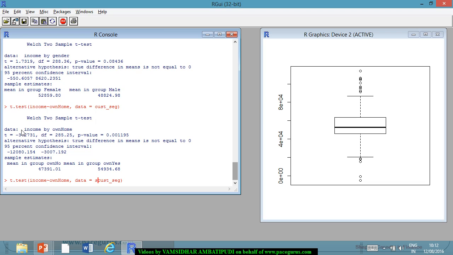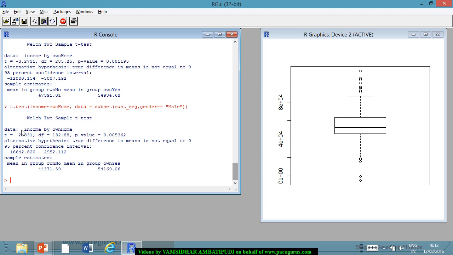So I'll use a subset, right? I'm taking the subset of the customer segment wherein the gender is equal to male.